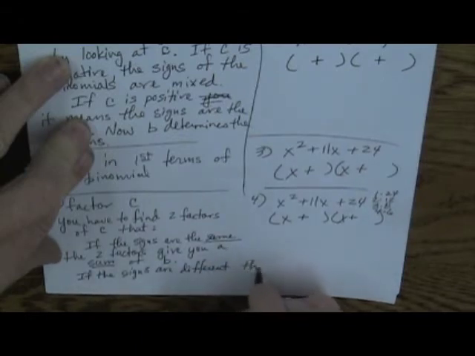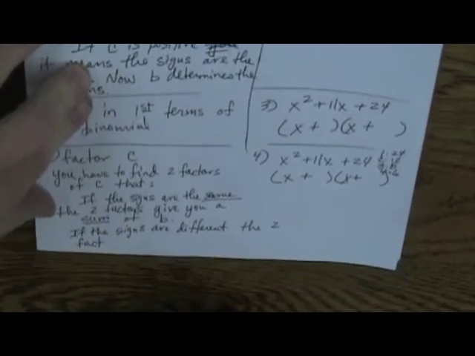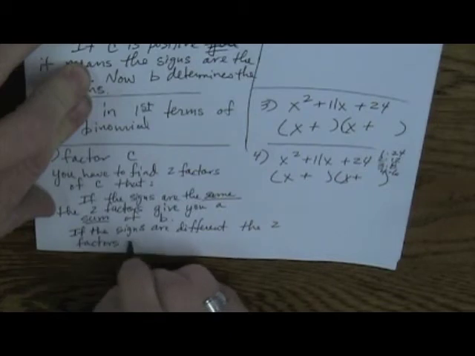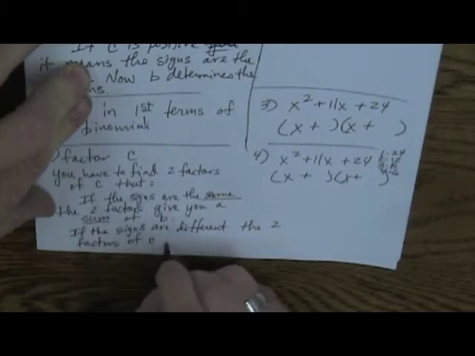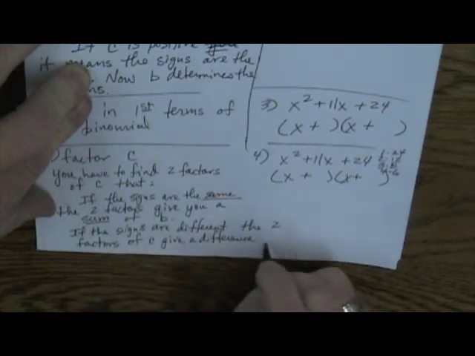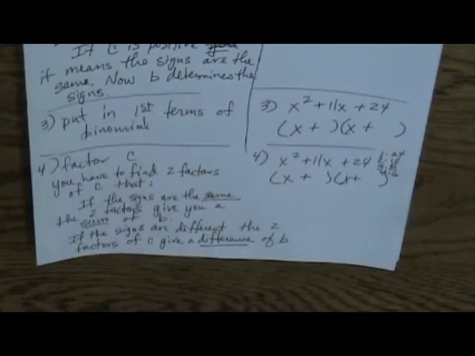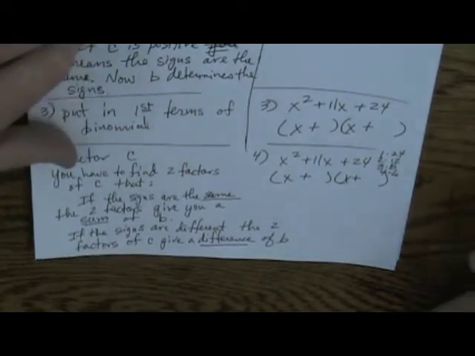The 2 factors of C give a difference of B. Okay, now let me explain that, because it's not just a little confusing, it's a lot confusing. Now, if this is the first time you've seen this, it's a little bit difficult.